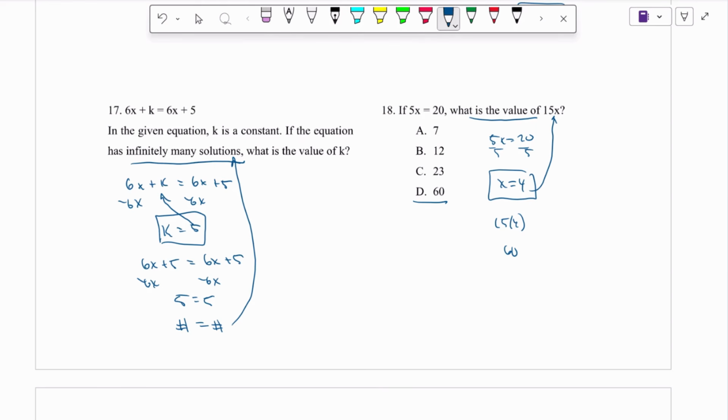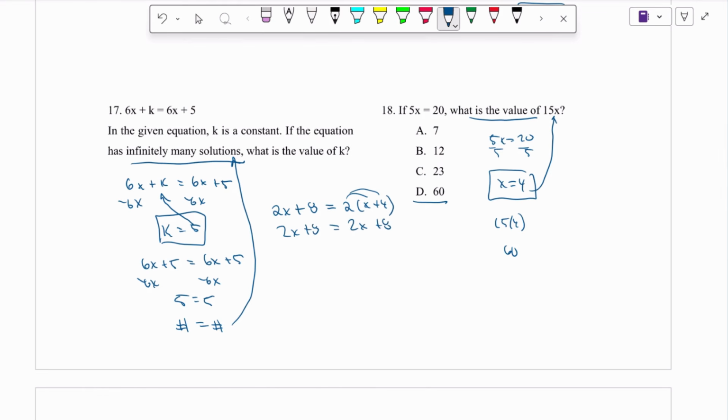Kind of a trickier version of this problem is if I gave you 2x plus 8 equals 2 times x plus 4. If it said solve for x, the first thing you would do is distribute and you would get 2x plus 8 equals 2x plus 8.